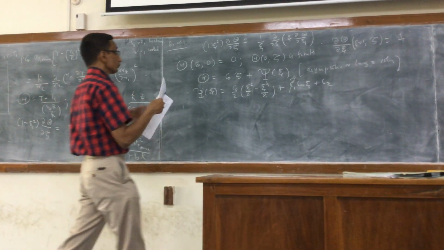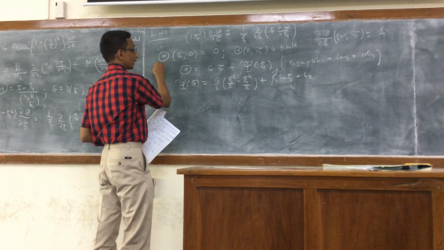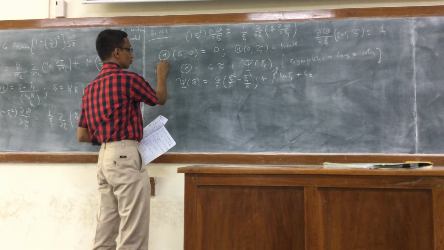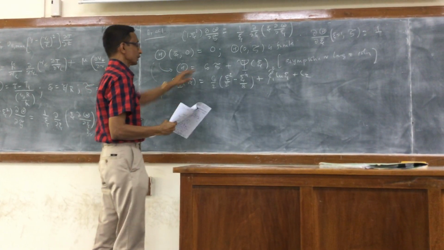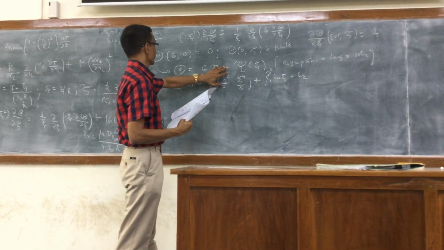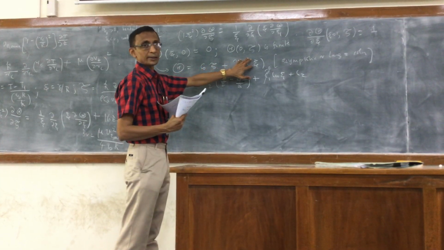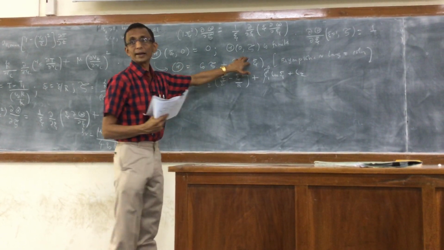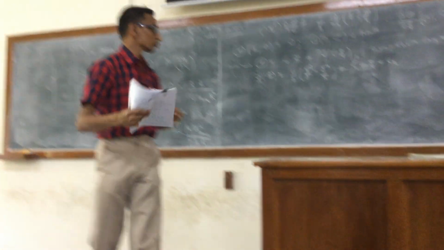So then this condition, as I said, cannot really be used here because if I put theta equal to 0, right, then I get theta to be psi. So that cannot be used.